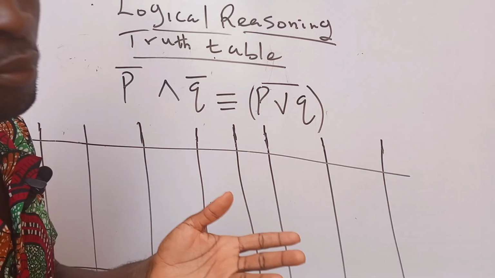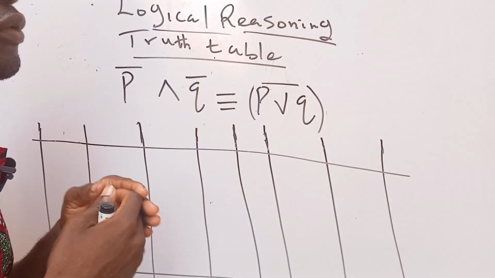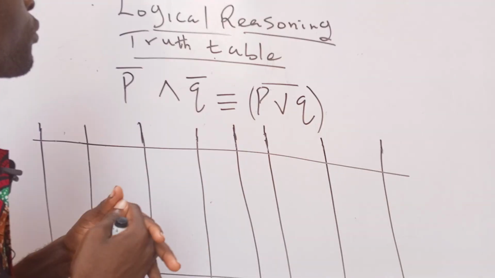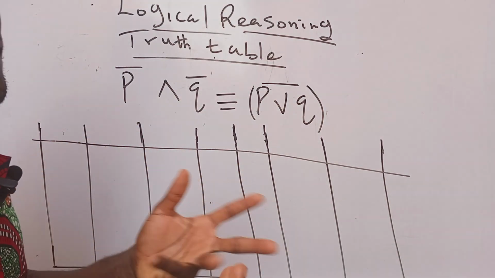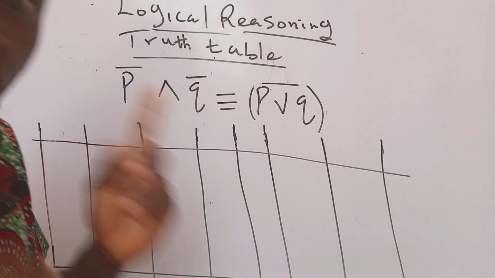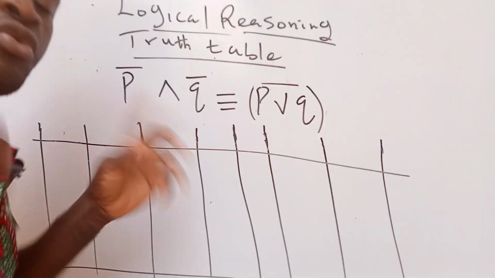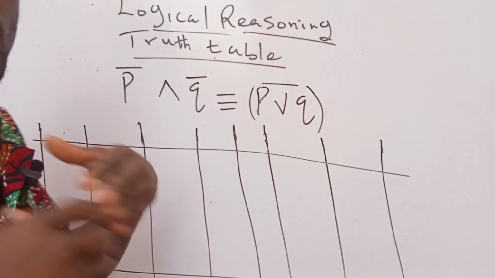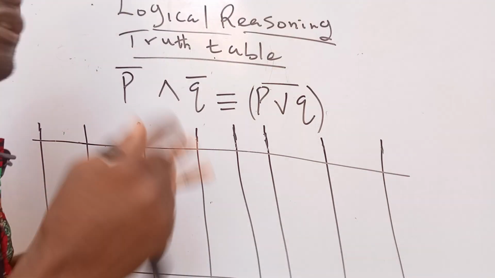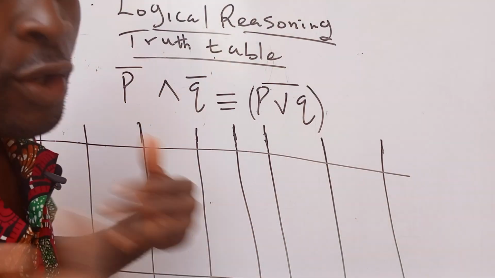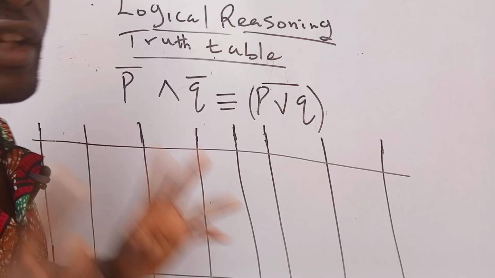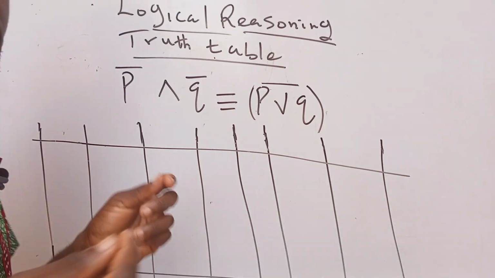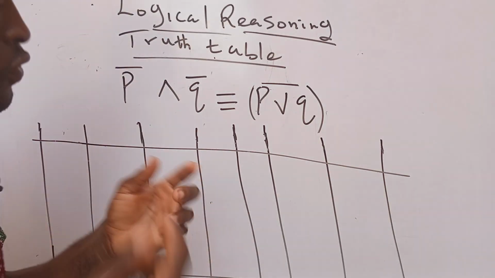It cannot be both. For example, one can say today is Wednesday. Is it true that today is Wednesday, or is it true that today is Thursday? Either today is Wednesday, or it's false that today is Wednesday. So a logical statement is either true or false.